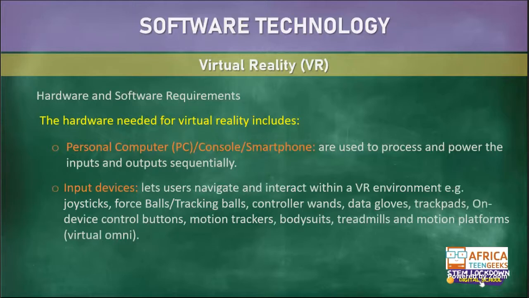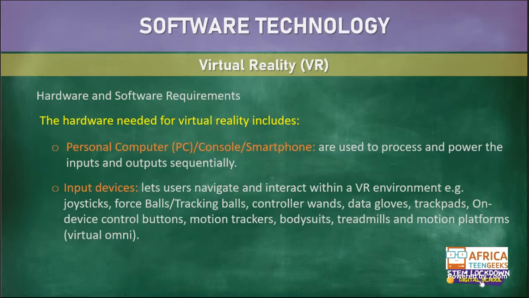There is also need for input devices. These input devices, if it's a game, are for playing, and then also you need these inputs for navigation and for interaction with the environment, that is the VR, virtual reality environment.